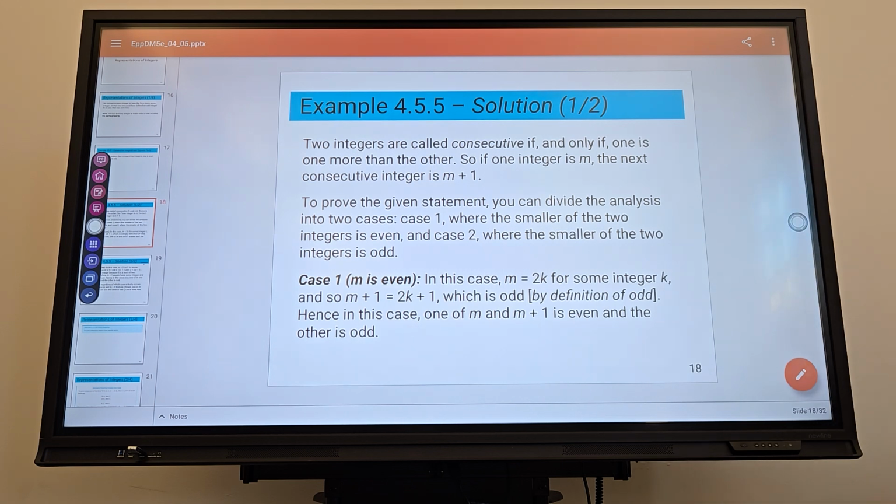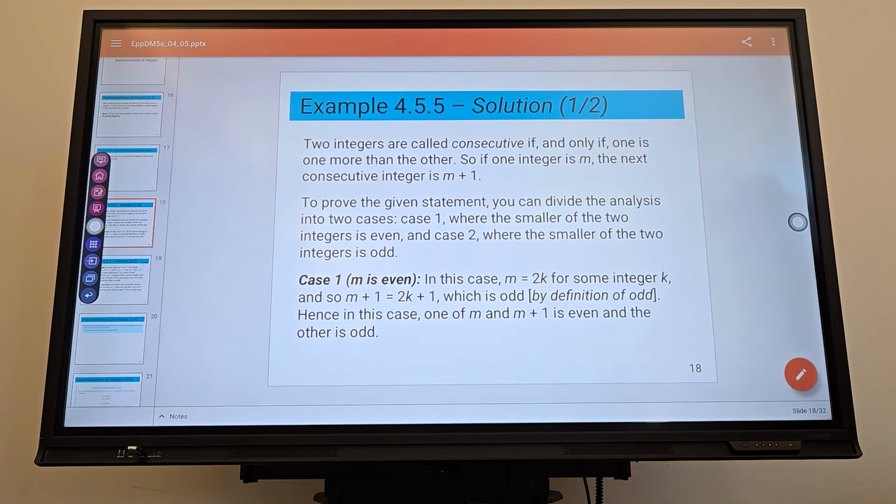So to prove the given statement, you divide the analysis into two cases, where the smaller of the two integers is even, and where the smaller of the two integers is odd. So in this case, m equals 2k for some integer, so m plus 1 equals 2k plus 1, which is odd by definition of odd.